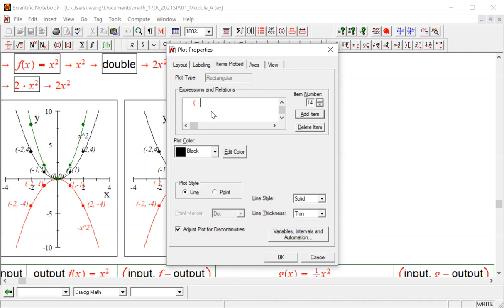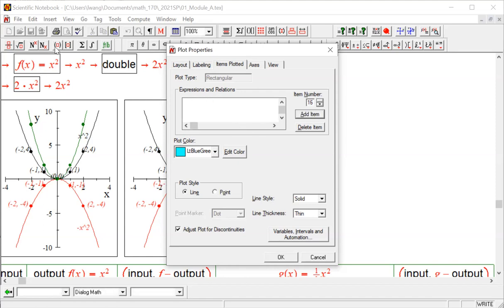Okay, so for -2, it was 4, now it's halved. And this time we're going to use the color blue. For -1, under the rule of x squared, it was 1, and now halved. That's the new rule, half x squared.